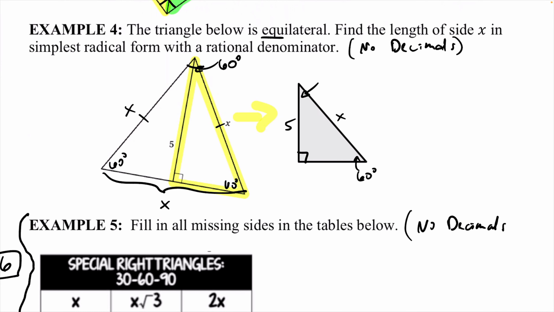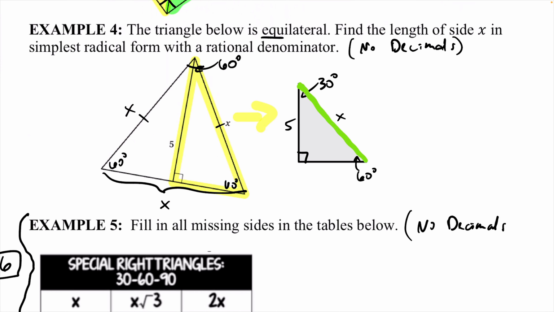It has to be 30 because we can't go over 180. 30 plus 60 plus 90 is 180. And then I have to find what x is, right? So it's a 30, 60, 90. Which part of the 30, 60, 90 do I need to find? The short leg, the long leg, or the hypotenuse? Hypotenuse, yep. I have to find the hypotenuse, this guy right here.